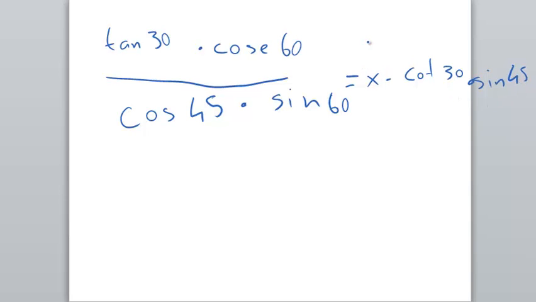Now the question is to find x. So let's convert these numbers.